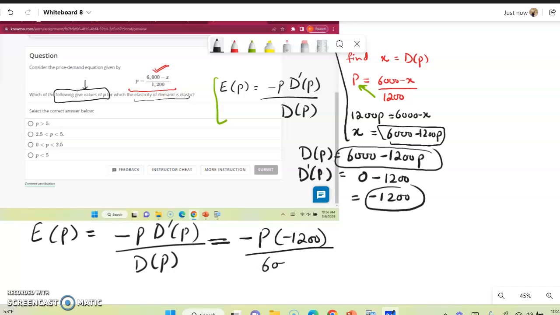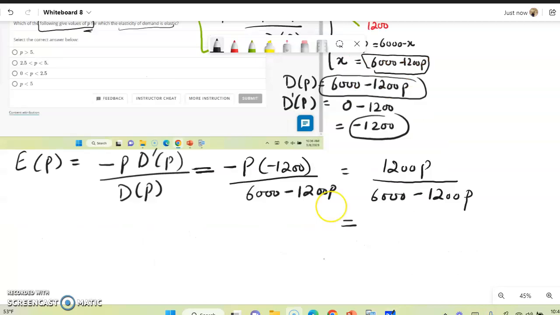So write that. So what do we have? 1200p divided by 6000 minus 1200p. This is the elasticity function, but we can simplify a little bit, I think.